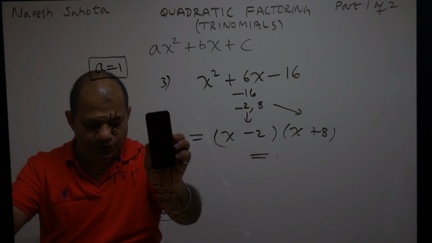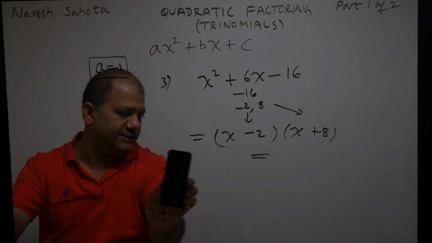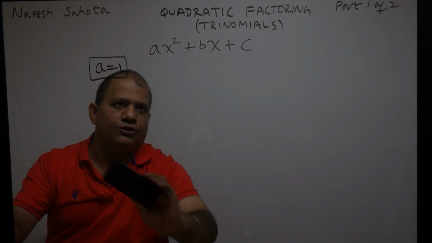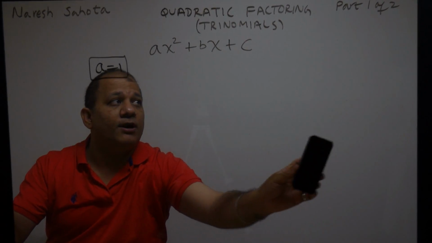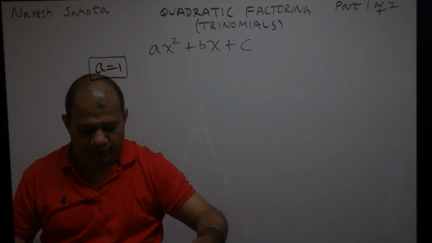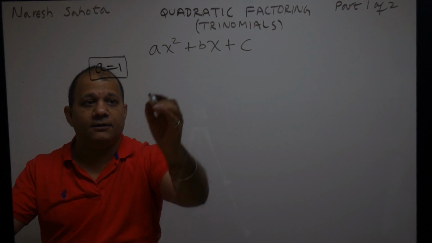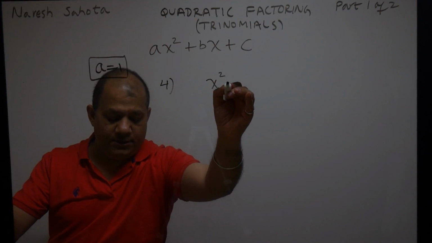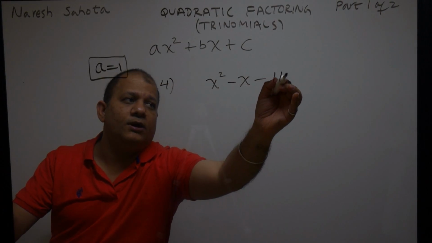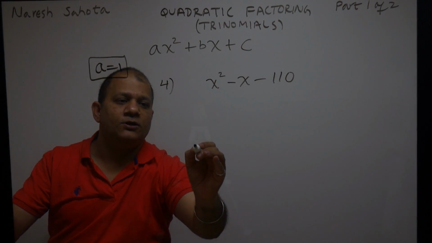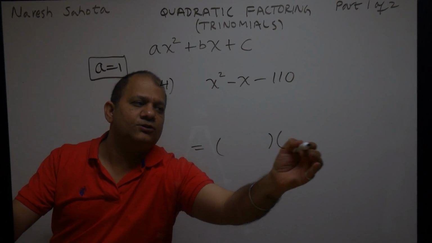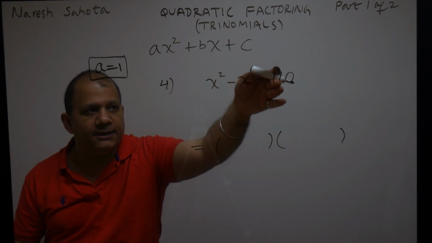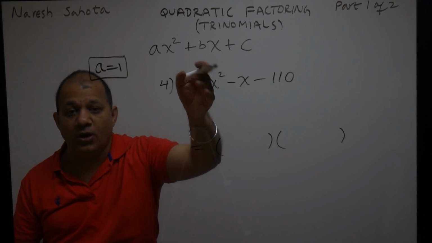All right, so now let's do the fourth example. There are only 4 examples I wanted to show, but I'm doing another video, part 2 of this, where we will do practice questions. So let's look at the last example of this tutorial. x squared minus x minus 110. Again, we're factoring this. We know it's a quadratic: x squared, the bx, and then the c term, and a is 1.